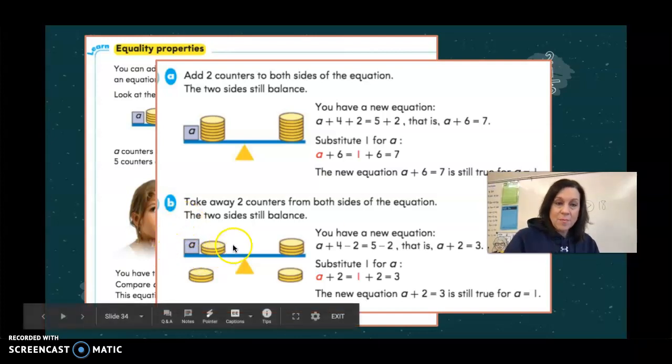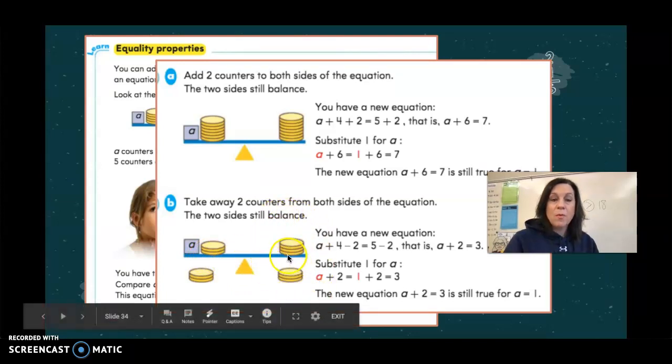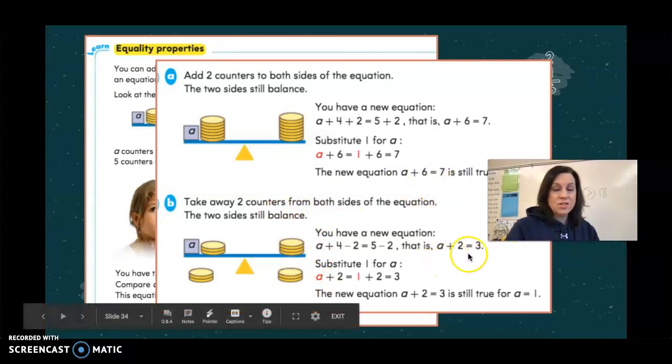Okay, A plus 4, but now you're taking away 2, minus 2, equals, that's what this balance means here, right in the middle, everything's straight, equals 5, there's 5 total, but we took 2 away. So, we know that A plus 2 is 3 right here. Or A plus 2 equals 3.